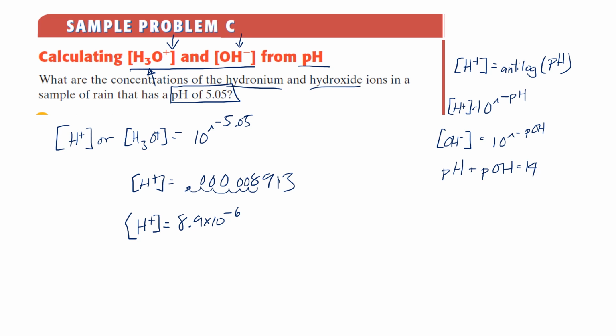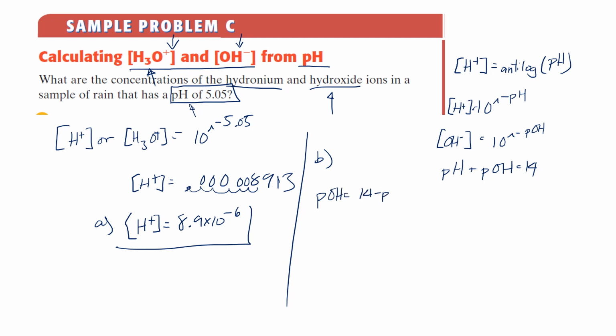To find the hydroxide ion concentration, we need to first turn this into a pOH. So here's part A, here's part B. So we know that pOH is equal to 14 minus the pH. So our pOH here is going to be 14 minus 5.05. That's 8.95.